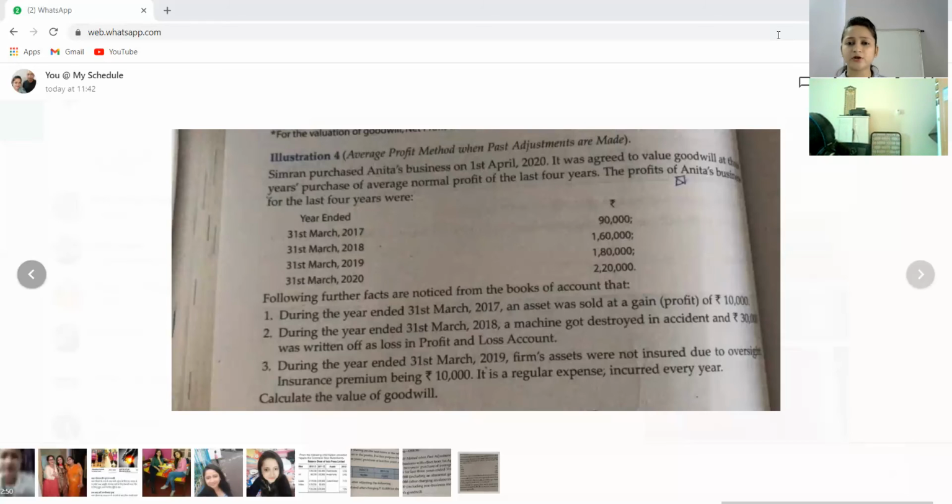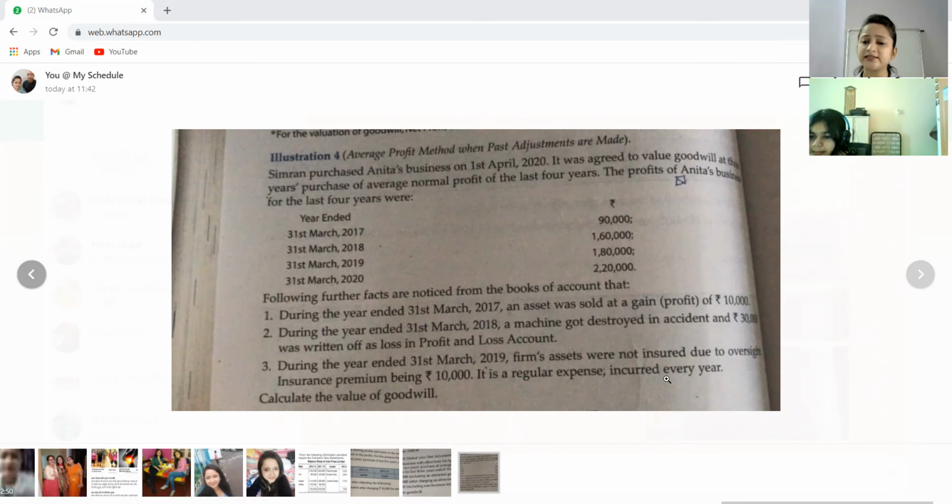Now find the correct profit. I want to tell you one more thing. If you have started paying the insurance premium, you have to pay it every year. So if you started paying the insurance premium from 2019, you should have paid it in 2020 also.